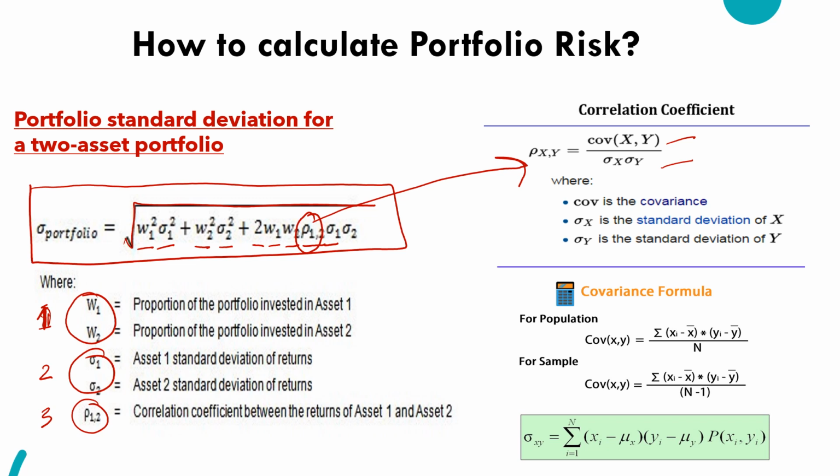You can refer below on how to calculate the covariance of the two assets, either by using historical data or by finding covariance using probability.